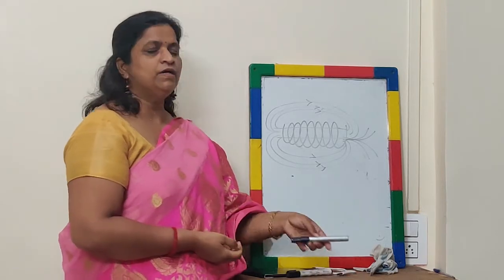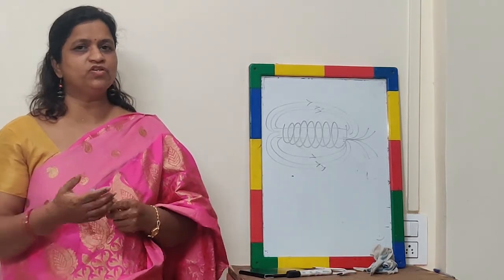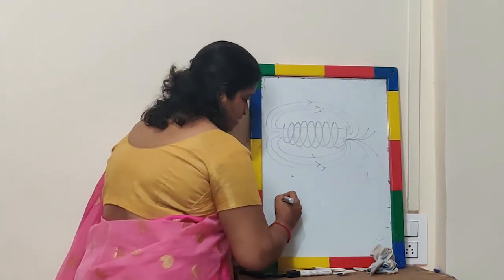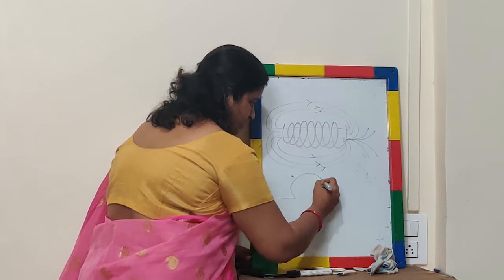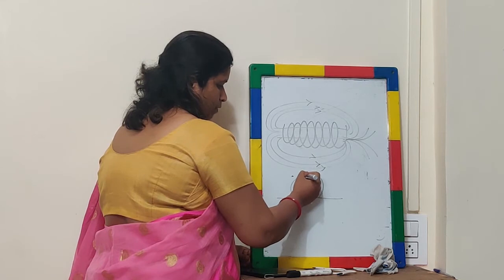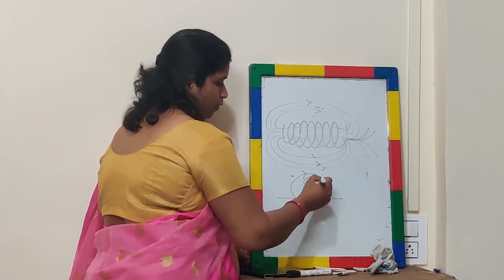Now the direction of the north and south pole, or the direction of the magnetic field lines, can be found with a simple trick. If the current is clockwise, we will get a south pole.